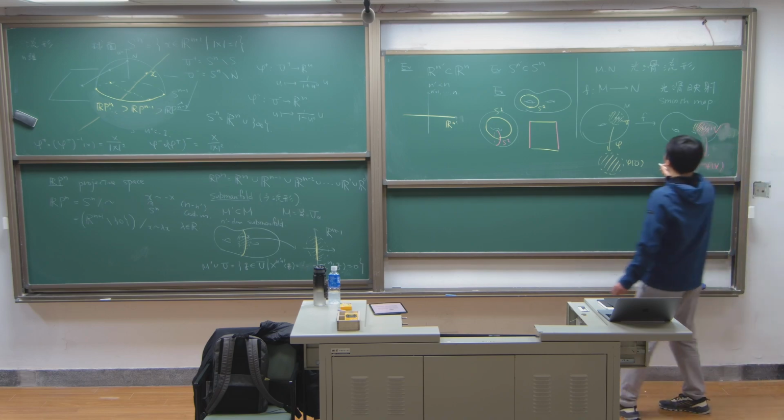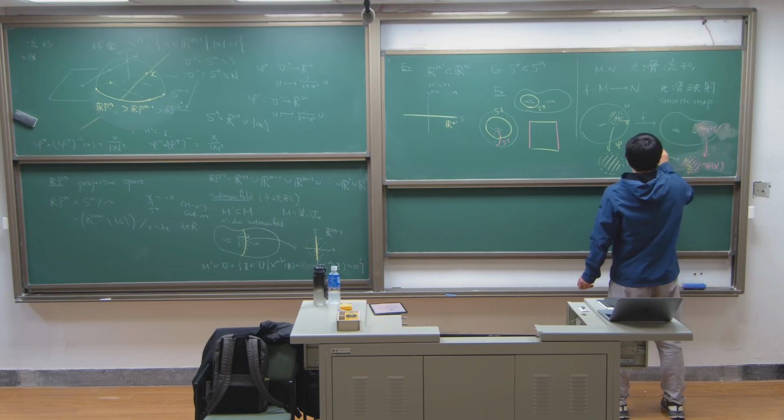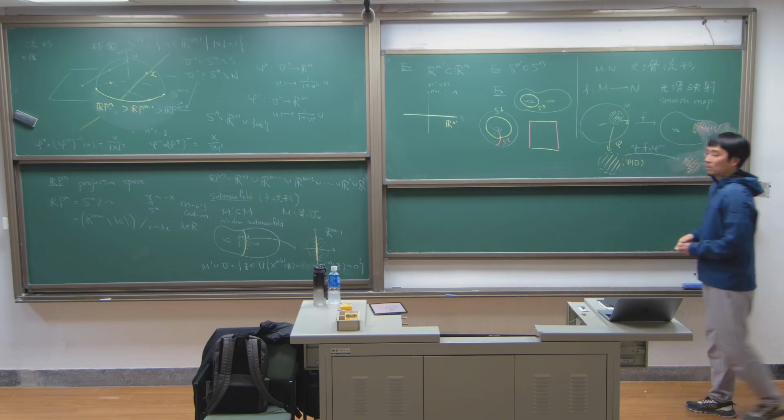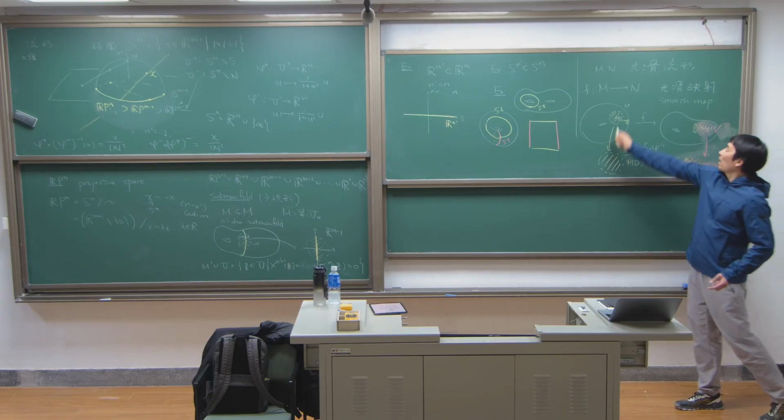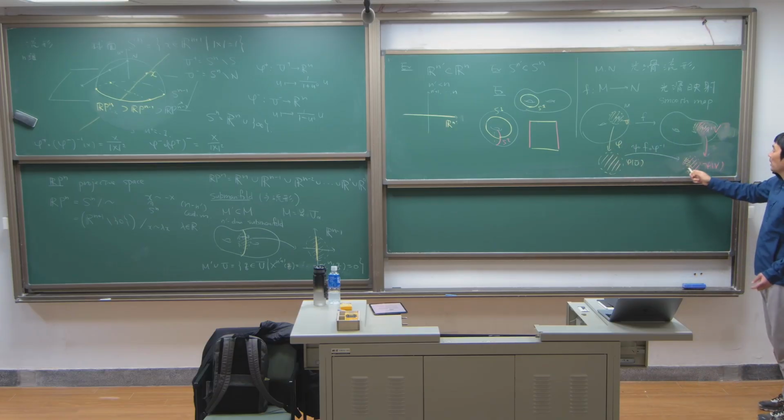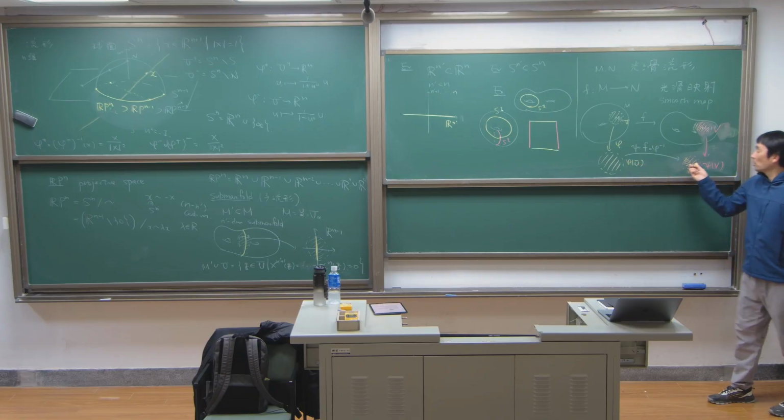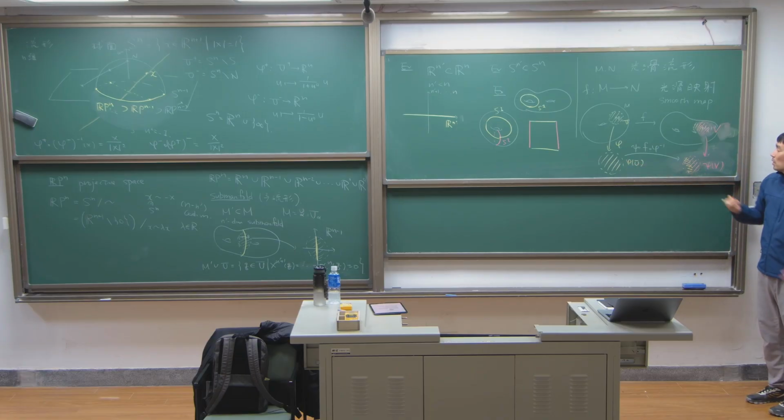So for this intersection, you can just have phi inverse F psi. Phi inverse F psi maps the yellow part into here.